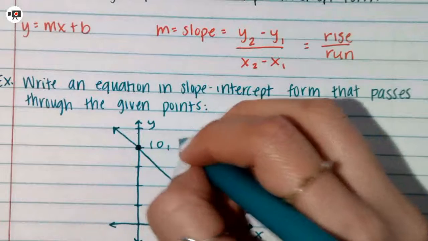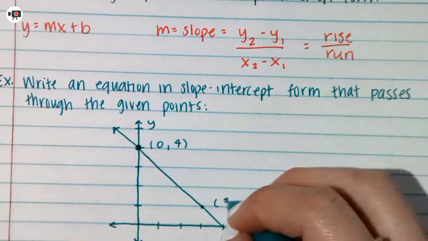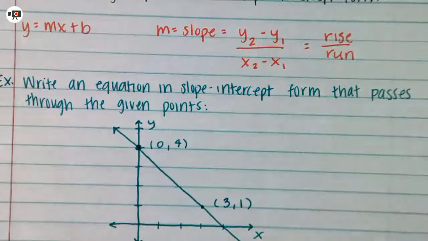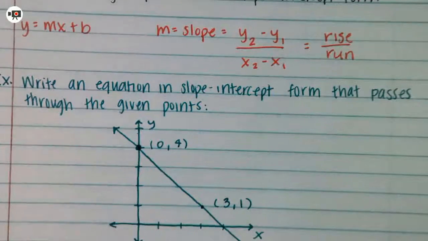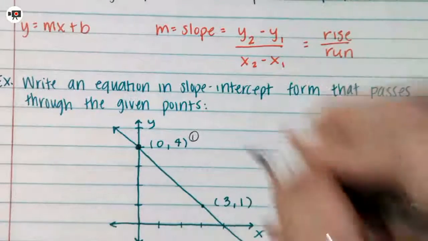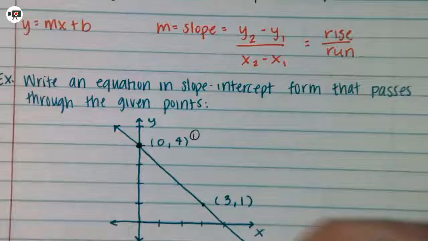This is the point 0, 4, and we have the point 3, 1. Reading my graph from left to right, this is going to be point 1, and this is going to be point 2.